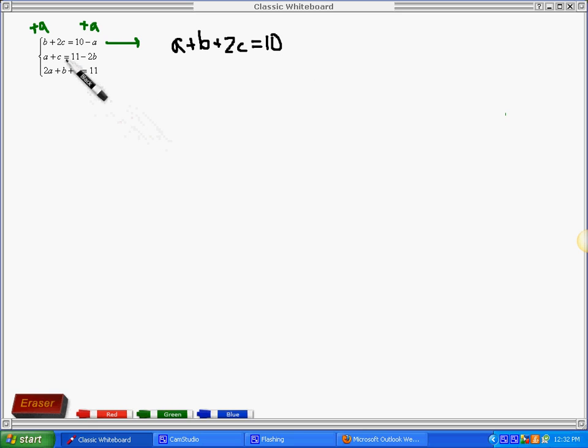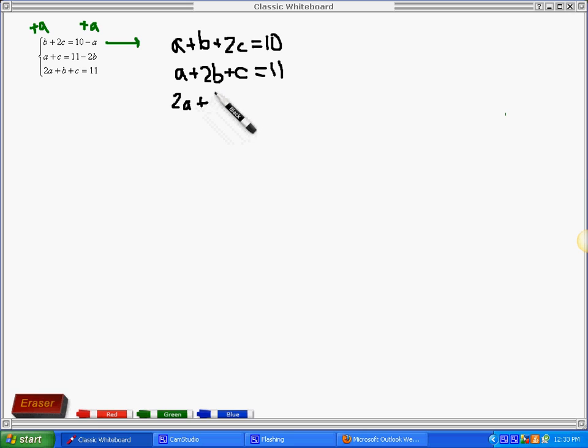Doing a similar sort of thing to equation 2, I don't want the negative 2b to be on the right hand side, so I'm going to add 2b to both sides, and that gives me a plus 2b plus c equals 11. And then the last one is already in good format, so we'll just leave it like that.